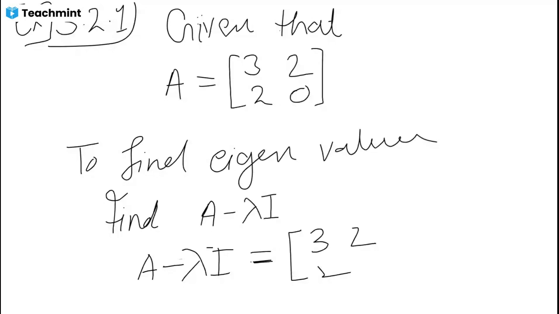Find the determinant of A minus lambda into I and put it equal to 0 to form the characteristic equation.